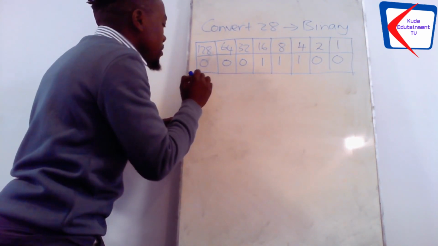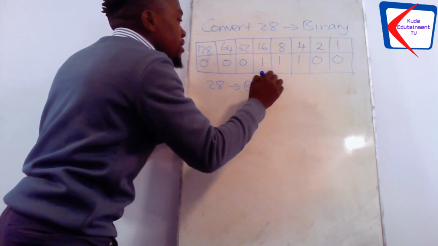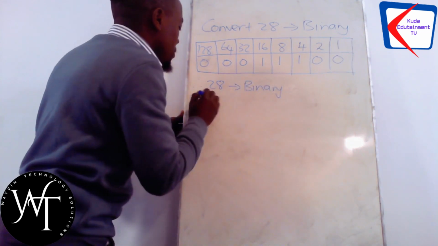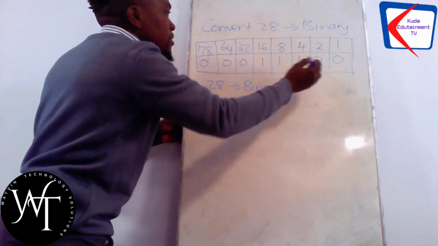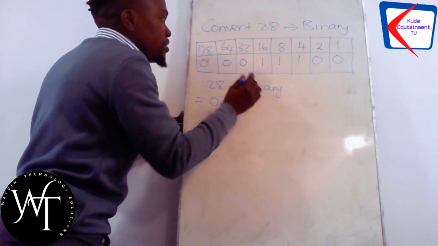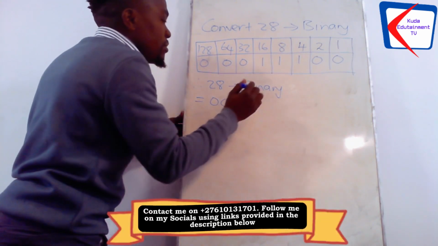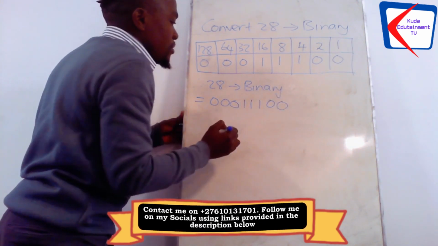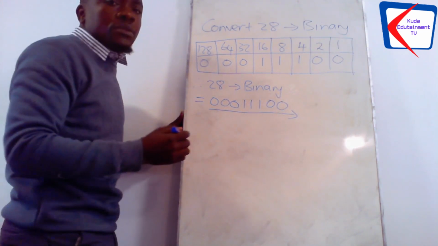You simply take the binary values that you obtained in your workings. So 28 to binary is equal to 0, 0, 0, 1, 1, 1, 0, 0. This is 28 to binary.